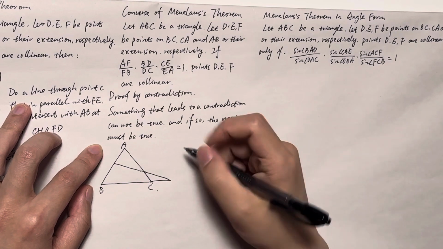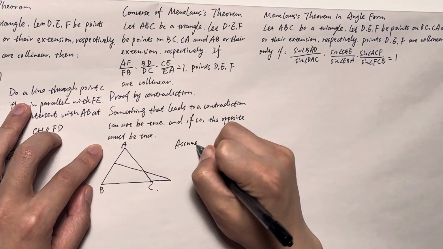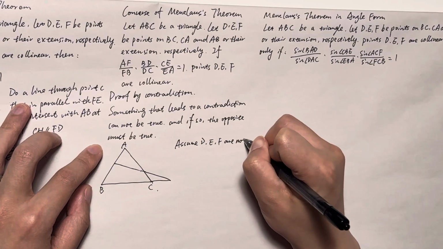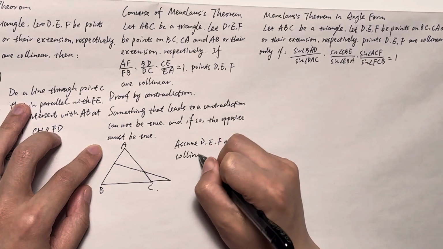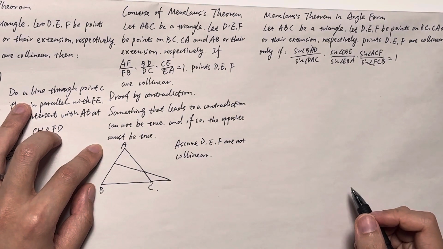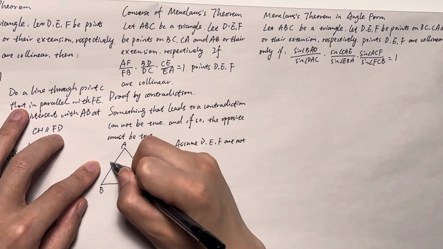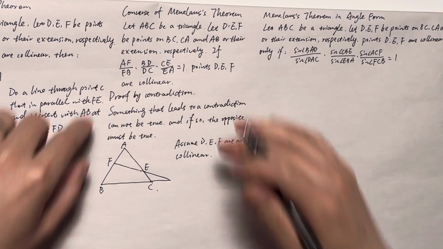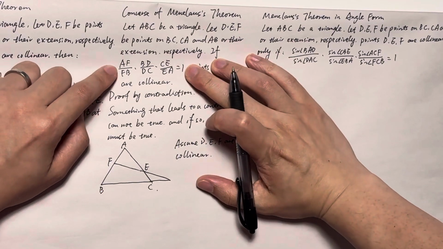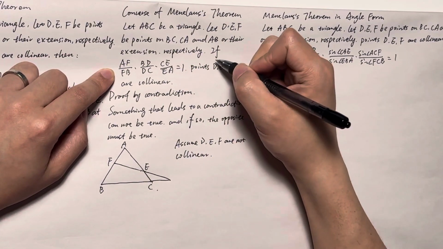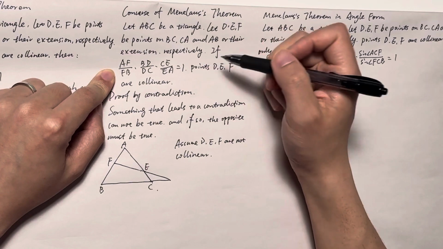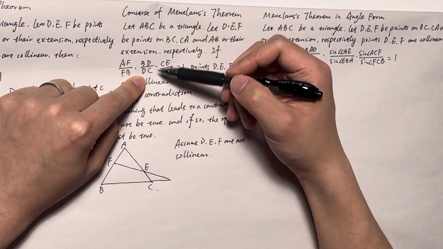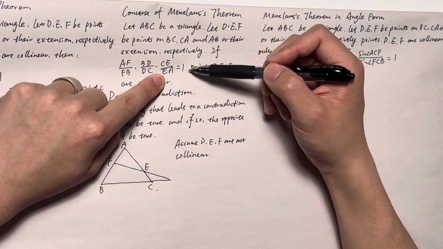So let's assume DEF are not collinear, but this equation is a condition that we already know is true, right? So AF divided by FB times BD divided by DC times CE divided by EA equals 1.